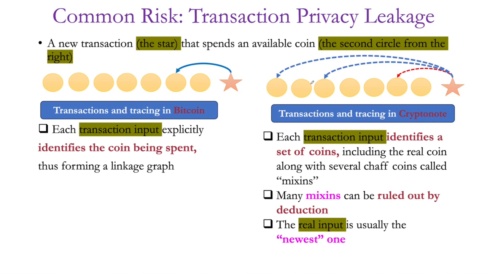Moreover, they study the sampling method of mixins and find that the selected mixins are not really random. The newer transaction outputs tend to be used more frequently. They further discovered that around 62.32% of transaction inputs with mixins are deducible.